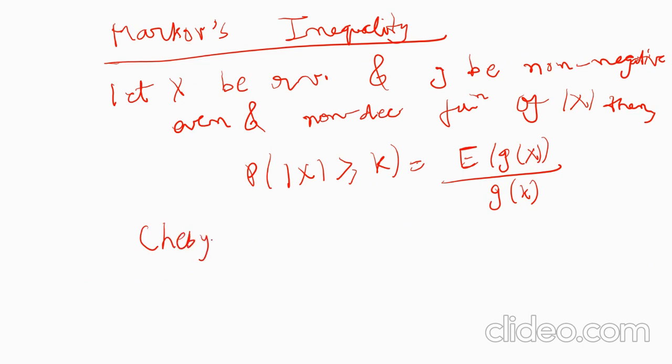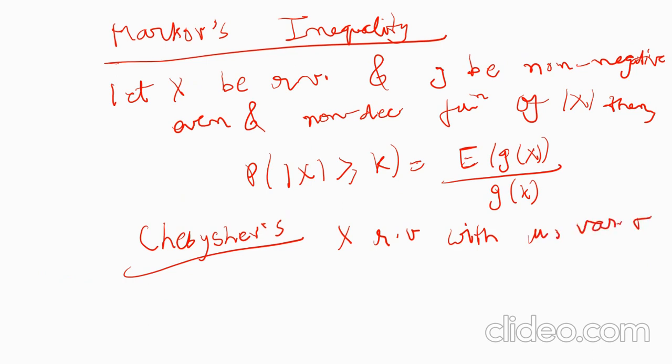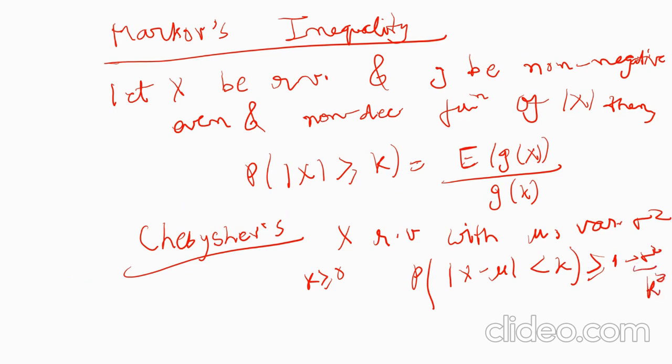Next we have Chebyshev's inequality, which says that if X is a random variable with mean mu and variance sigma square, then for any k greater than 0, the probability of mod x minus mu less than k is greater than or equal to 1 minus sigma square upon k square.